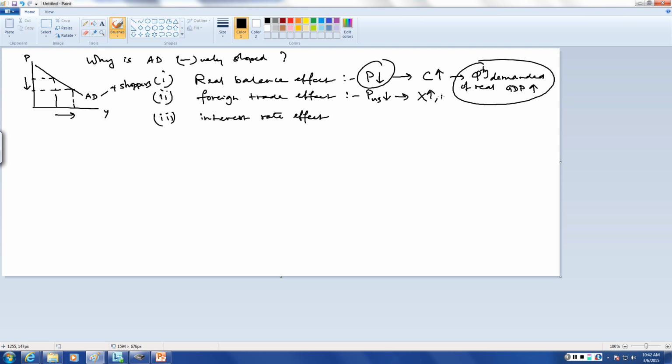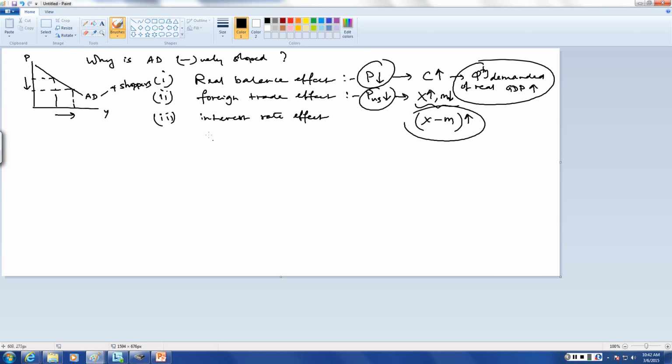So imports fall, and the implication, of course, for that is net exports shall rise, because a rise in exports causes net exports to rise. A fall in imports causes the same thing to happen. And net exports are one component of AD, as you know. So once again, we have the price level falling, and we have an increase in this component of the quantity demanded of real GDP.